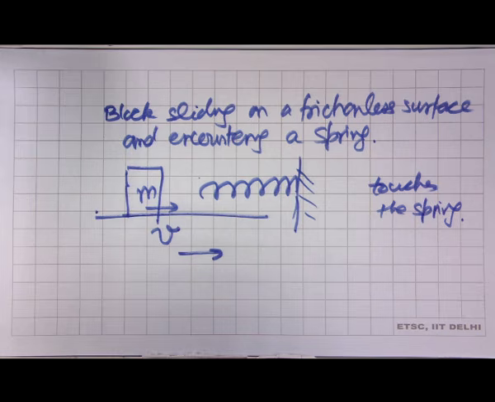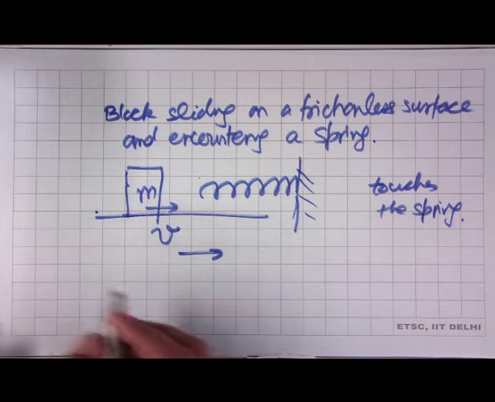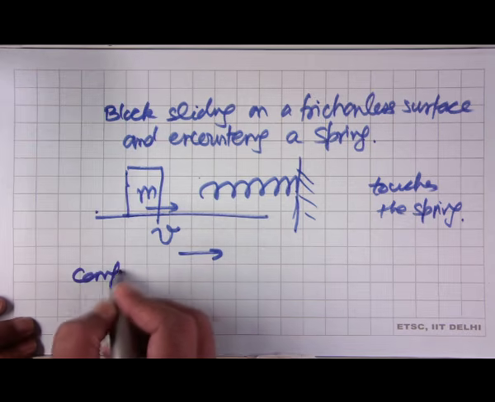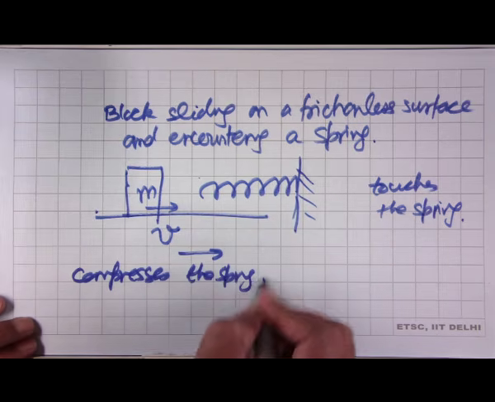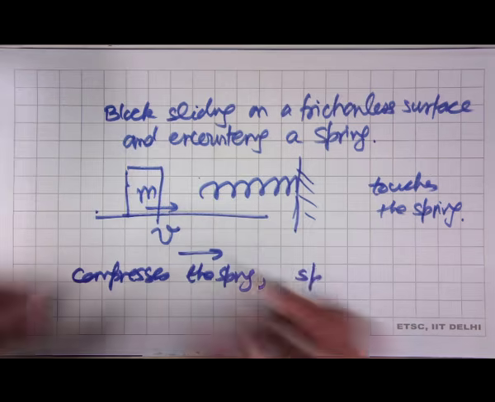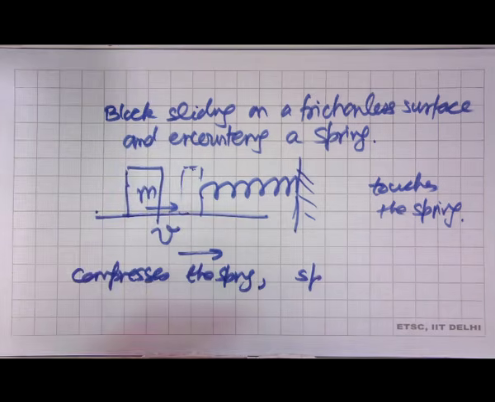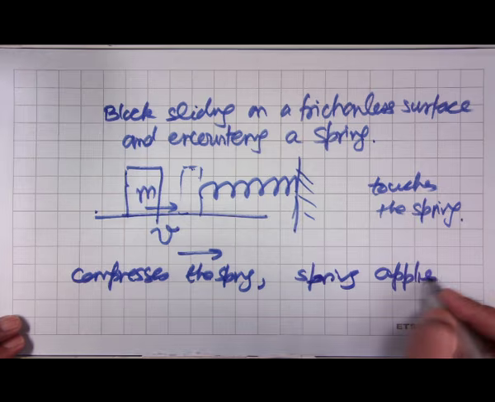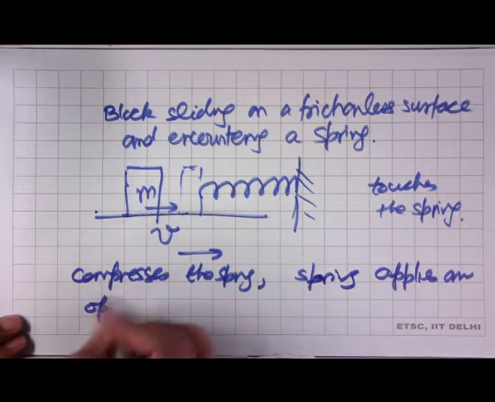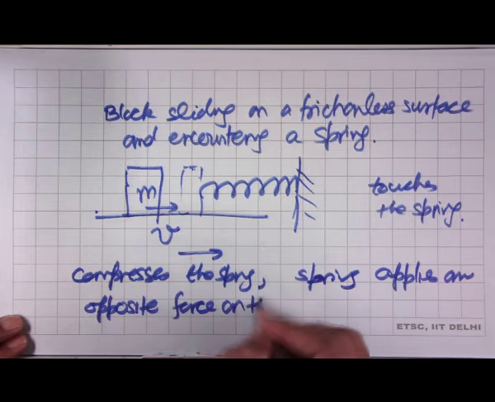When the block touches the spring, the block is moving forward, so this compresses the spring. Once the block is in touch with the spring, it continues to move forward, but the spring applies an opposite force on the block.